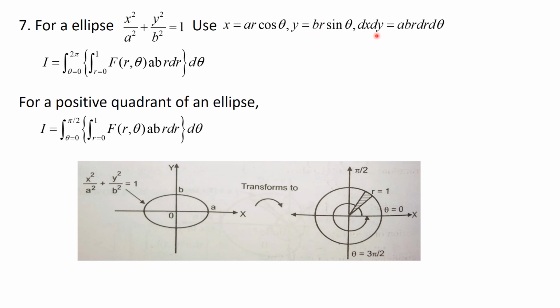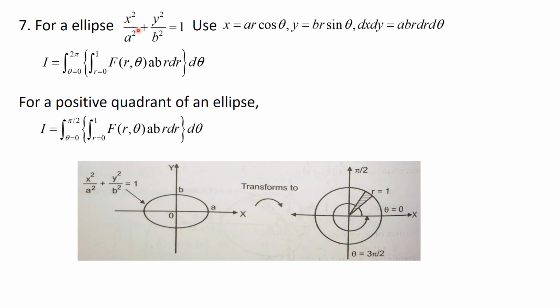dx dy, which is nothing but r dr d theta, but now the terms are x upon a and y upon b. Hence x square upon a square plus y square upon b square equal to 1 we are converting to the unit circle, with center at origin and radius equal to 1.